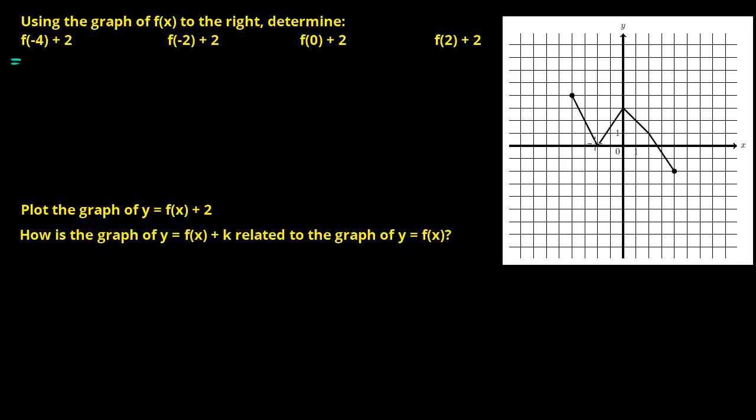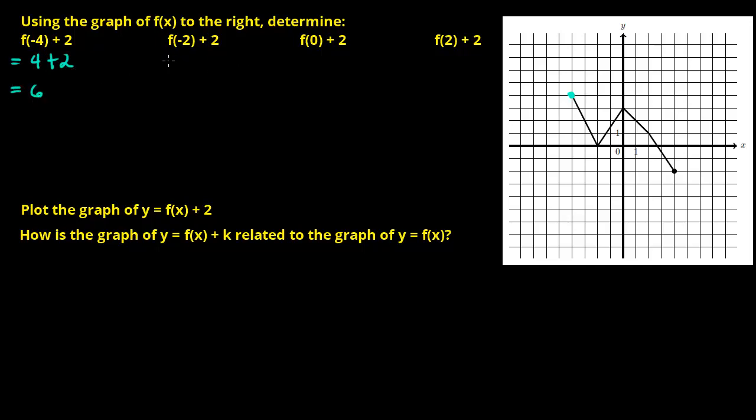This is negative 1, negative 2, negative 3, negative 4. We have a y value of 1, 2, 3, 4. So f of negative 4 is 4. It's this point right here. I have 4 plus 2, which is equal to 6.